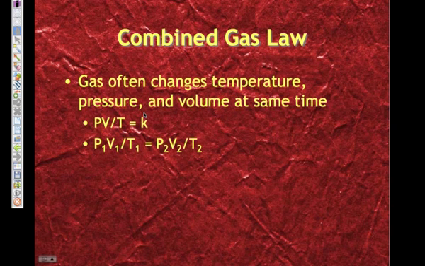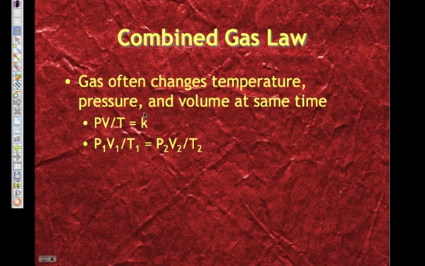Okay, the combined gas law. We are going to combine those three laws that we just learned about and put them together into one law, one equation that we can use for any situation where you have changing conditions.